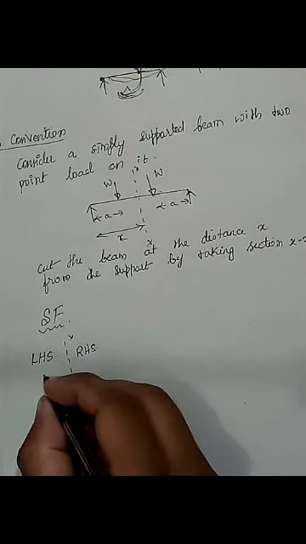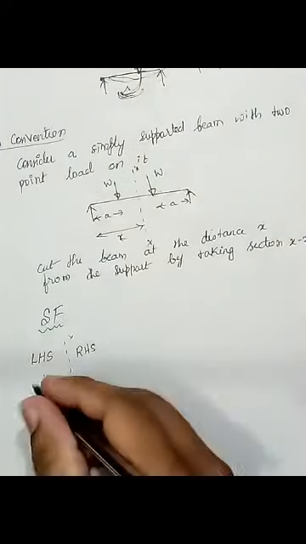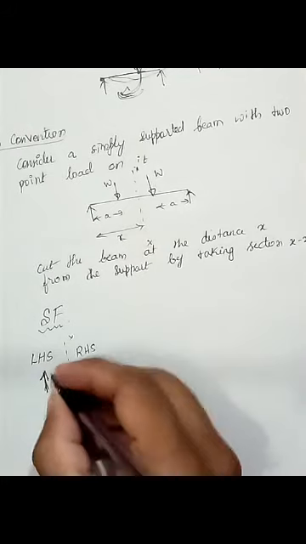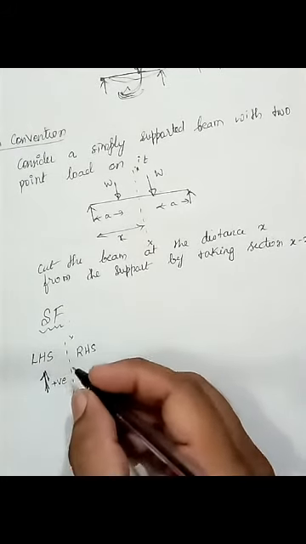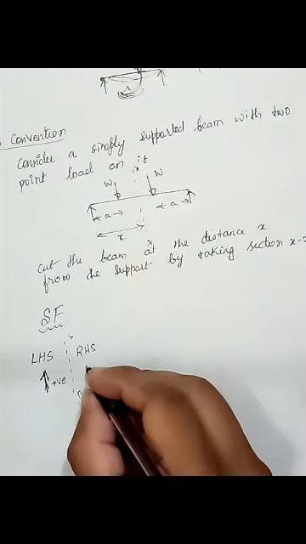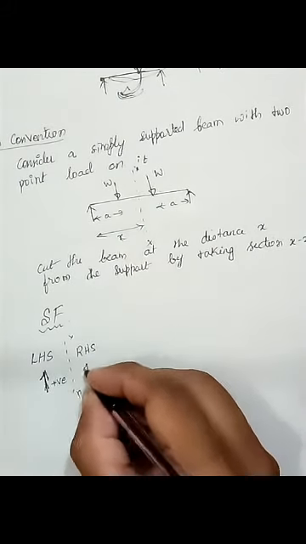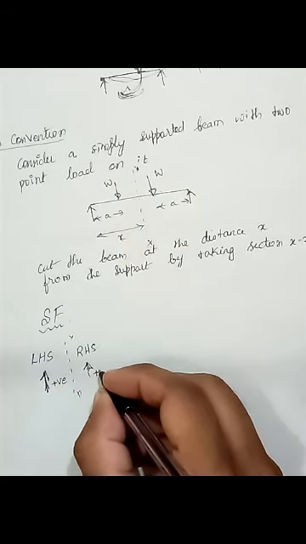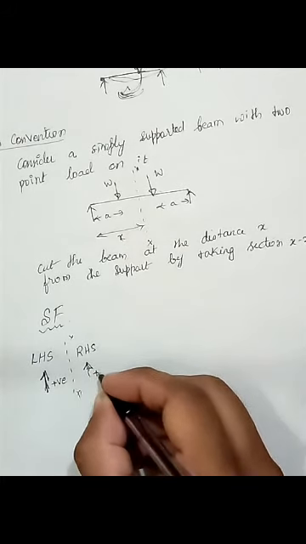On the left hand side of the beam, if the forces are moving upward, then it is positive. On the right hand side, forces moving upward will be negative.